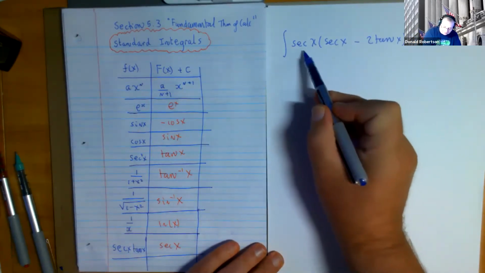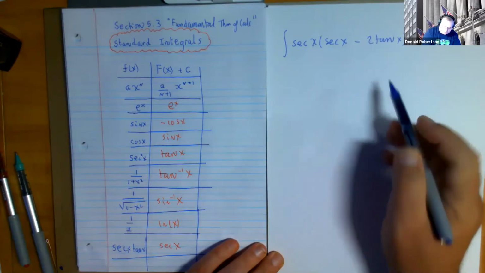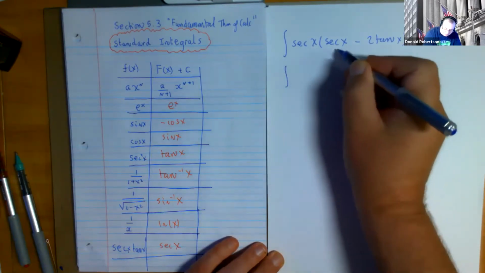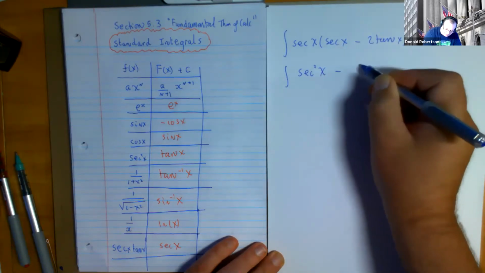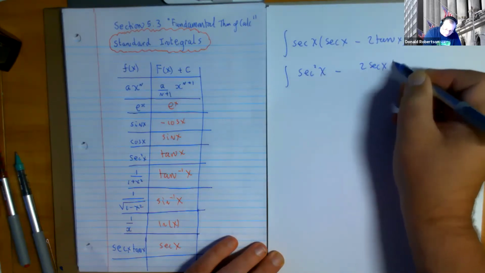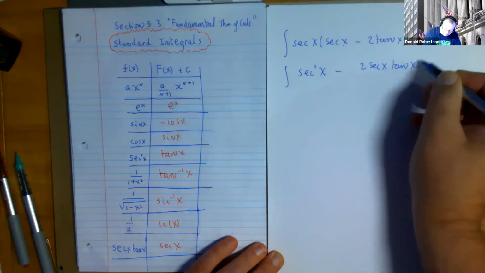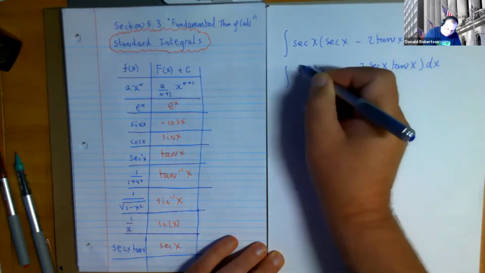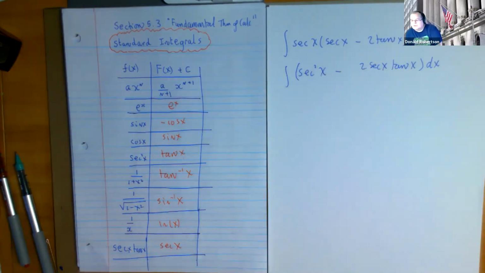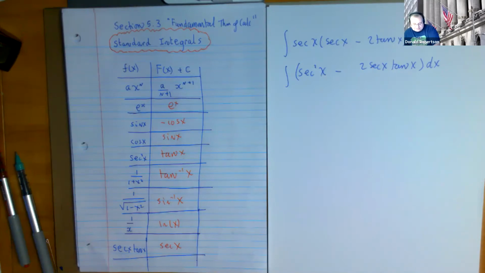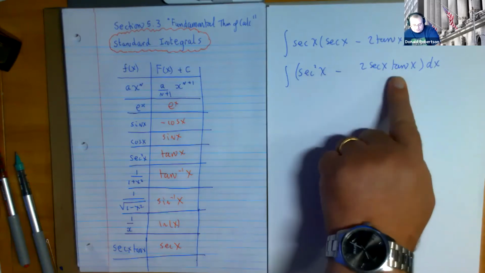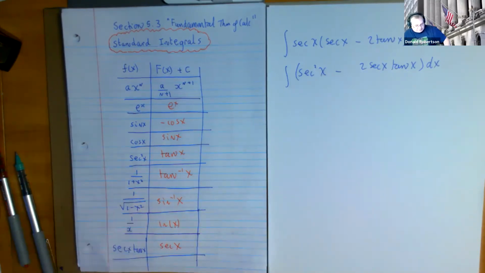Right now this says secant x times secant x take away 2 tan x. First thing I would do is distribute. So it's now secant squared x take away 2 secant x tan x. And actually, that's all I need to do. I do not need to go hunting for trig identities and turn any of these things into anything else, because each of these is over here.